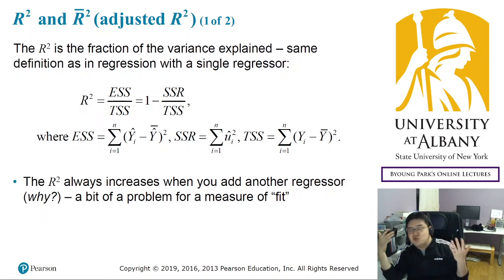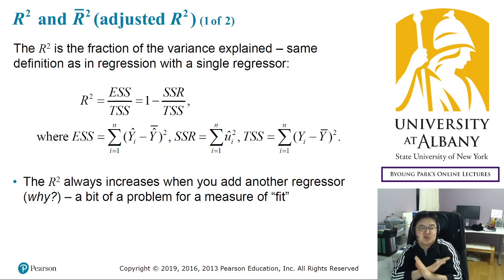Then it should not be relevant, of course. They are just random numbers. Still, R squared increases, so it looks like your model is better, which is misleading. So we would like to adjust the R squared so that it increases only when the additional regressor is relevant, good enough.